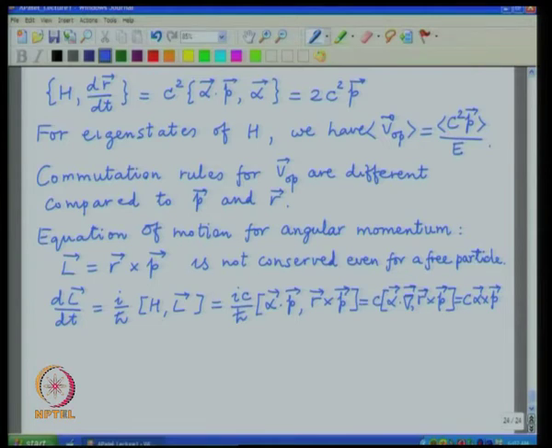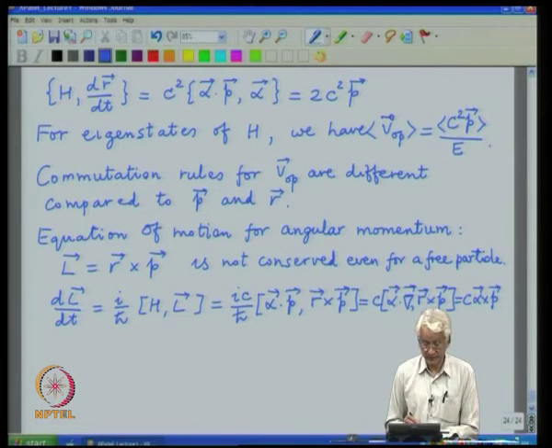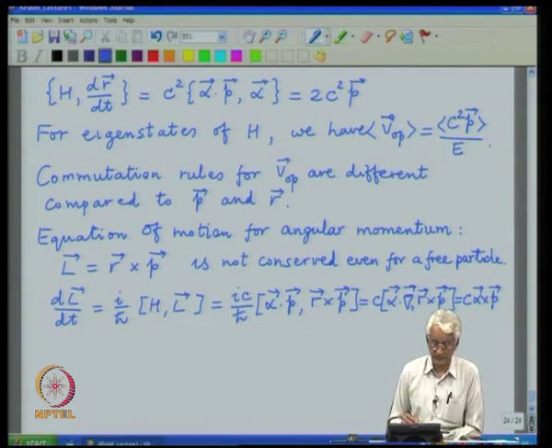So, there must be some way to generalize this equation, so that the well known properties of angular momenta are not destroyed, and Dirac indeed found a way to generalize these objects.